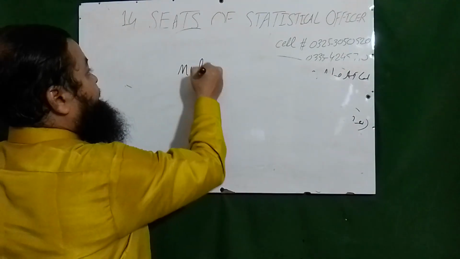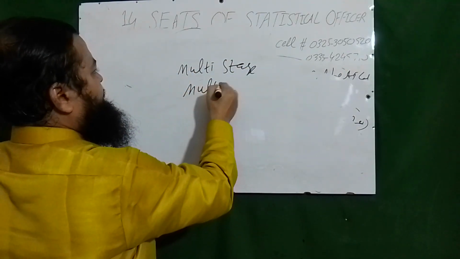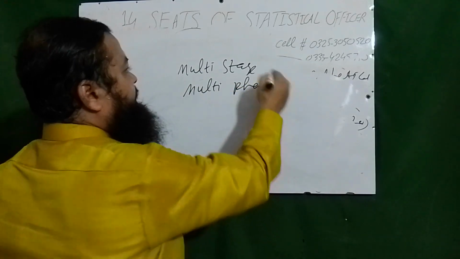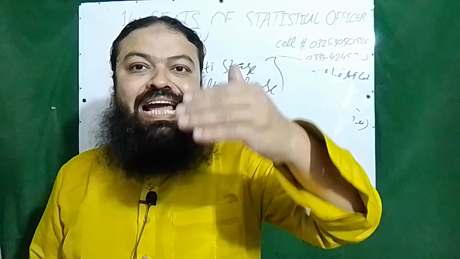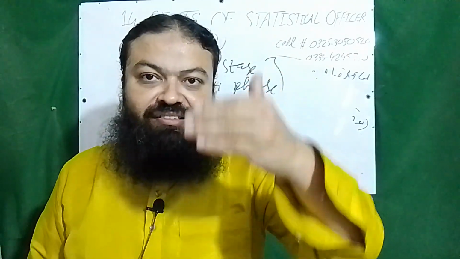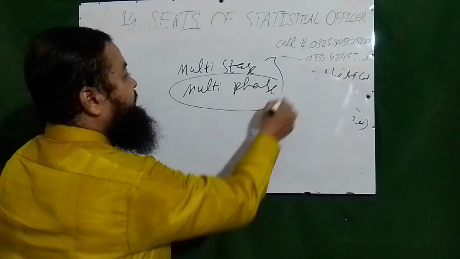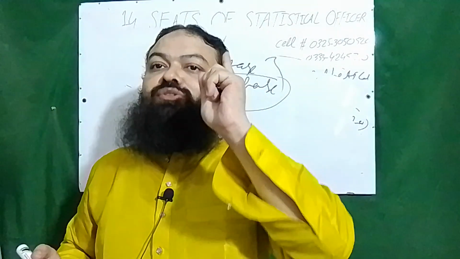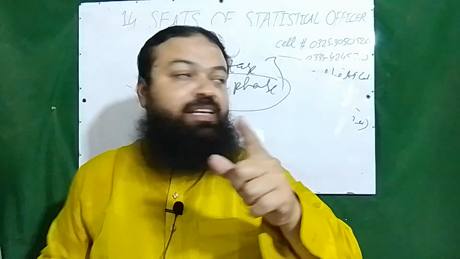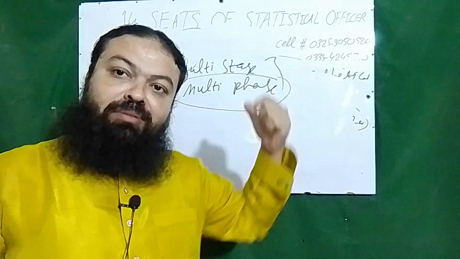Then multi-stage and multi-phase. In these two techniques we collect the sample at different stages. We take the sample from the population at different stages. In multi-phase sampling, if we take the sample for two phases, it is called two-phase sampling or double sampling, and when we have three phases, it will be multi-phase.